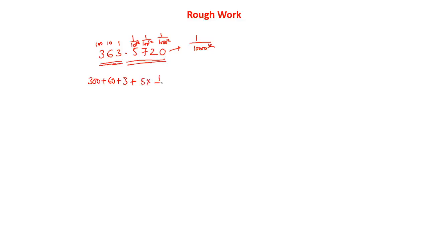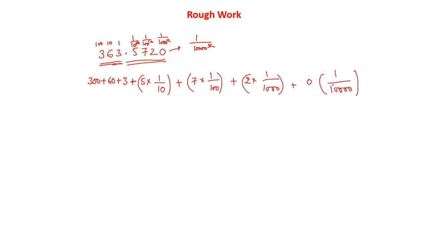This is 5 into 1/10. If you write in the expanded form, this is 7 into 1/100 because this is the 100th place, plus this is the 1000th place, which is 2 into 1/1000, plus this is 0 into 1/10,000 place.